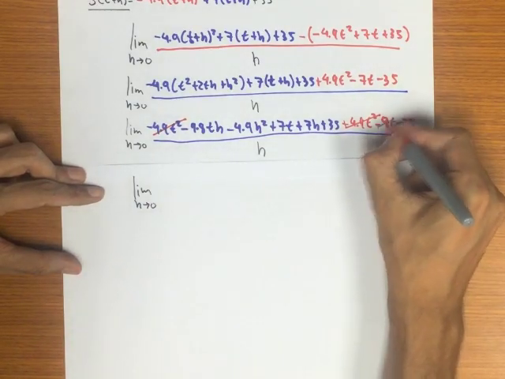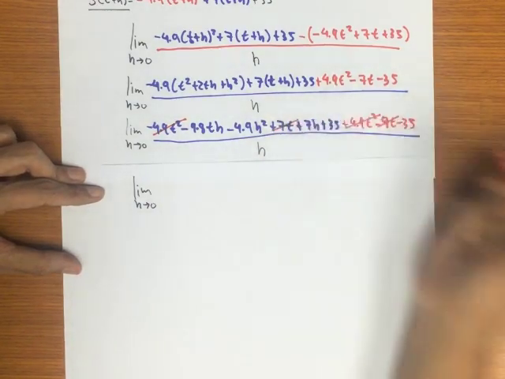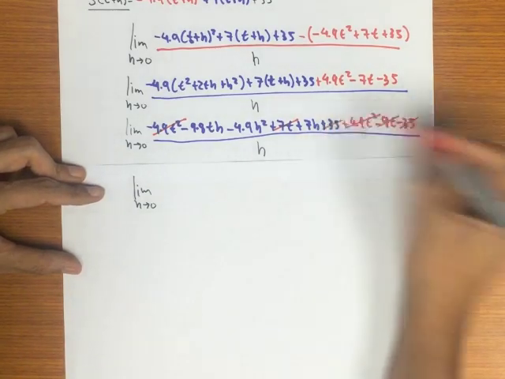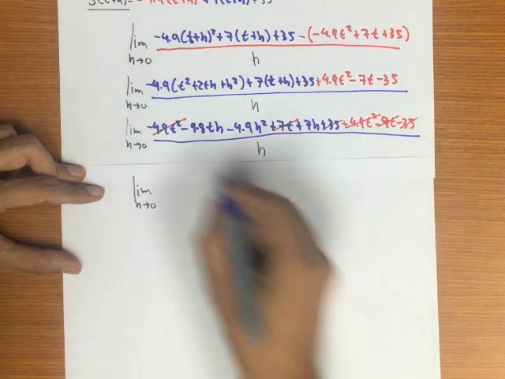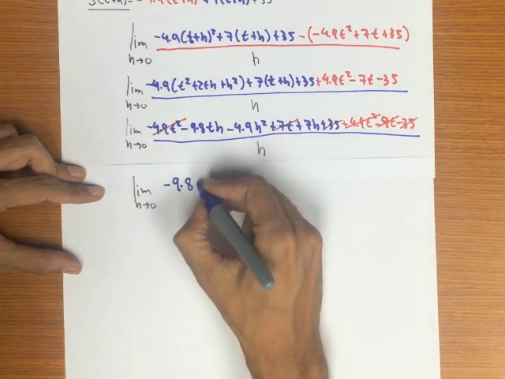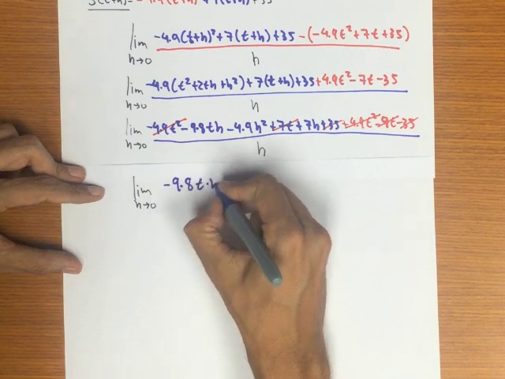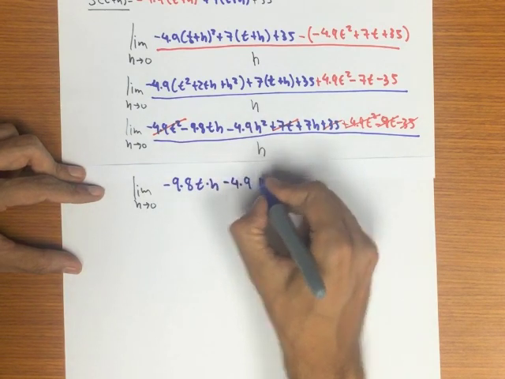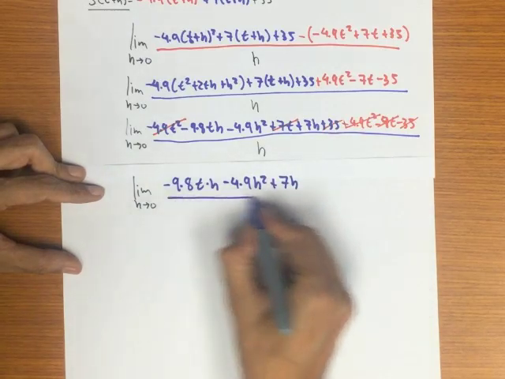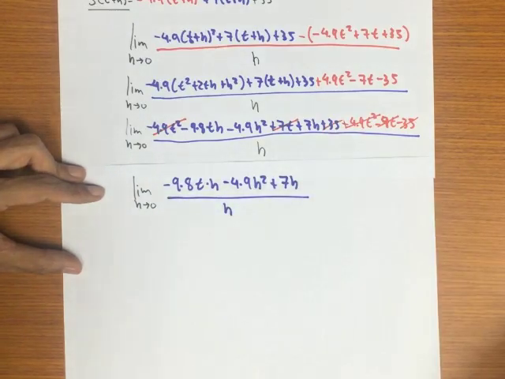Also the negative 7t is gone using the positive 7t, and negative 35 is gone using the 35. So you have here negative 9.8t times h minus 4.9h squared plus 7h, and you are dividing all of this by h.